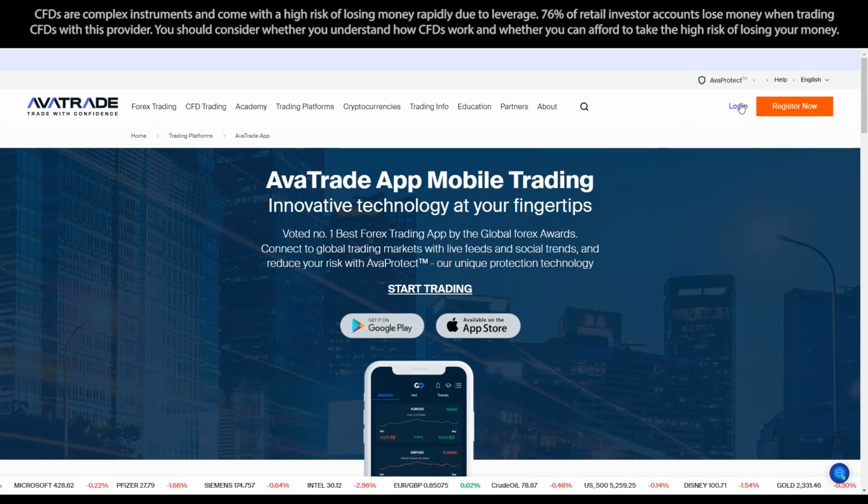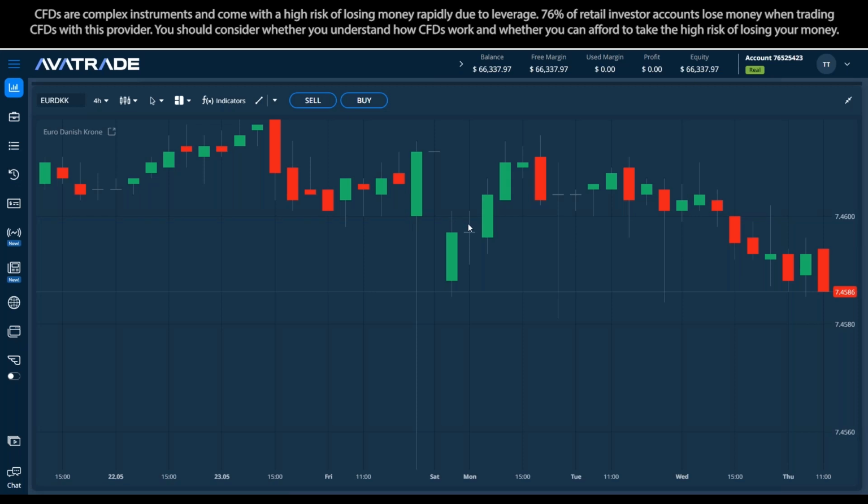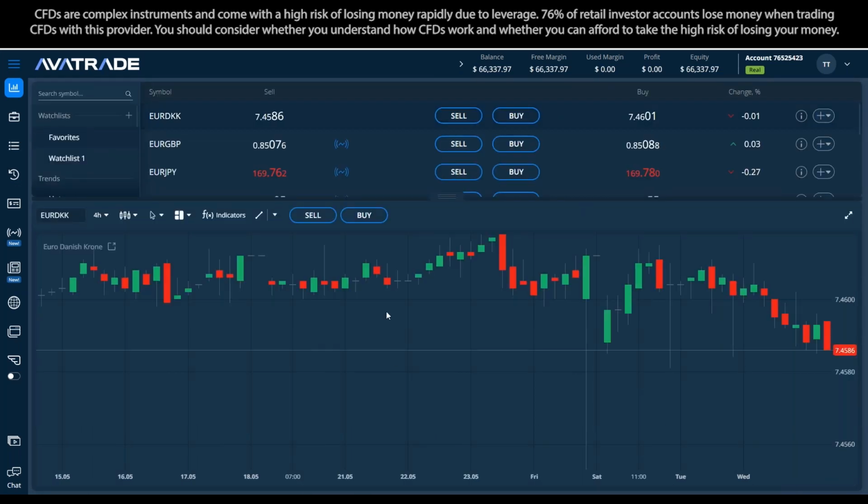Now, if we log in the upper right corner here, we'll be in the web trader. When we're talking about fundamental analysis, there are different types of fundamental news that we can look at. There's the kind that's scheduled, that we know what it is and when it will be, like on an economic calendar, and we'll take a look at some of those types of events that are coming up today and tomorrow, and how we might be able to take advantage of some of the statistics that surround those types of announcements.